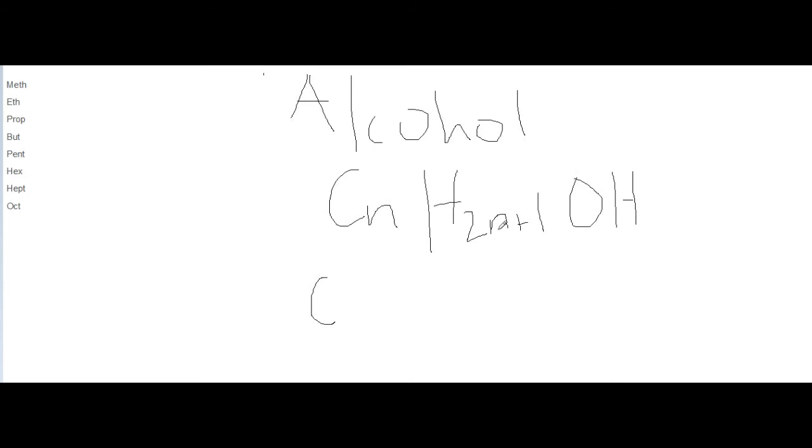So let's try to write methanol first. We'll have one carbon, then 2 times 1 plus 1 is 3. So we'll have H3 OH. And this methanol is a very toxic compound. The molecule will look something like this.